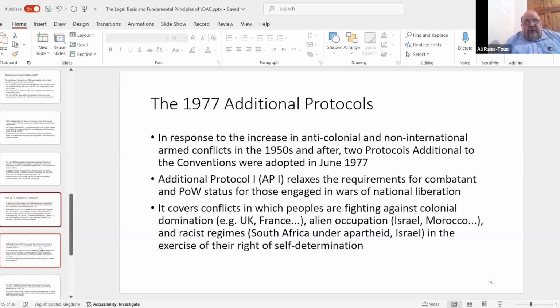South Africa before the 1994 elections under apartheid, or the situation in Israel-occupied Palestine today.